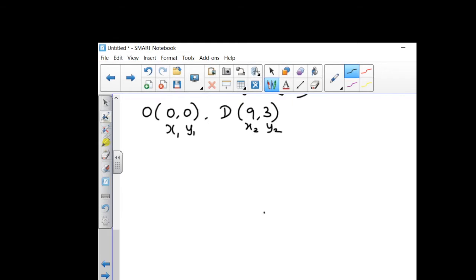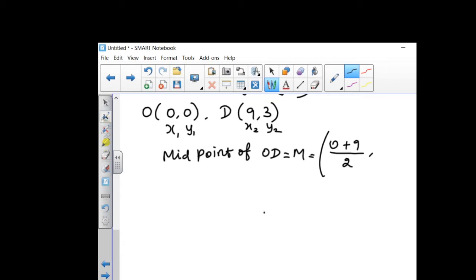Therefore, the midpoint of OD, that is M: 0 plus 9, that is x1 plus x2 by 2, and y1 plus y2, that is 0 plus 3 by 2. So what do you get? 9 by 2, then 3 by 2. This is the answer.